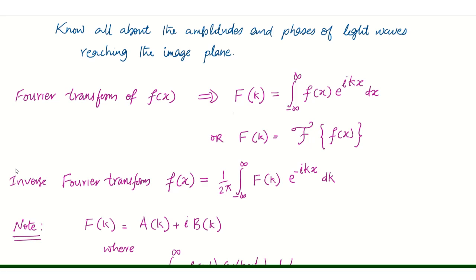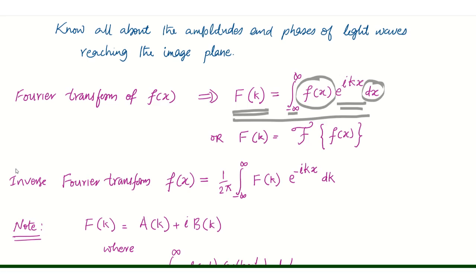The Fourier transform of a function f(x), a one-dimensional function of x, is defined as follows. If you represent the Fourier transform by capital F(k), then it is the integral from minus infinity to plus infinity of the function f(x) multiplied by e to the power ikx, and the integration is over x.